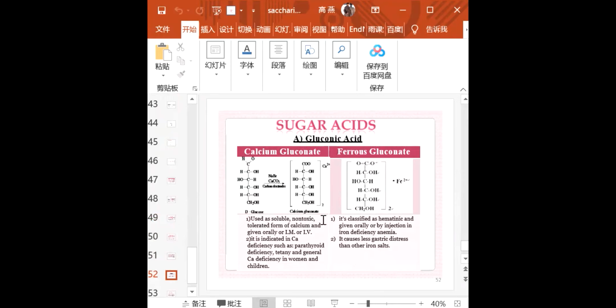It's given orally or IM, which is a medical term meaning intramuscular injection, right? And IV is intravenous injection. So calcium gluconate can be given orally, or by intramuscular injection, or intravenous injection.